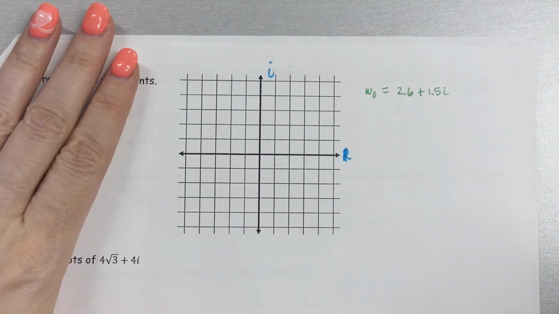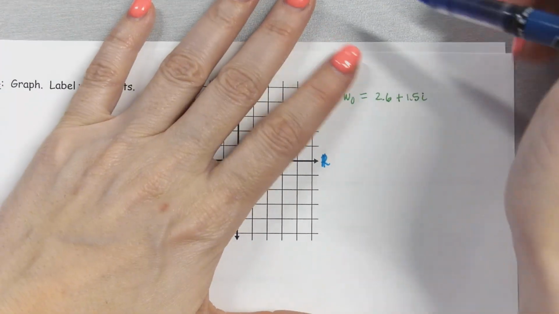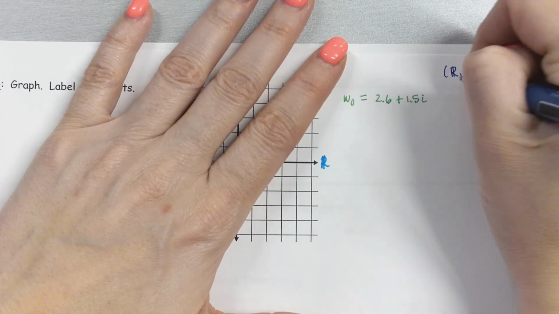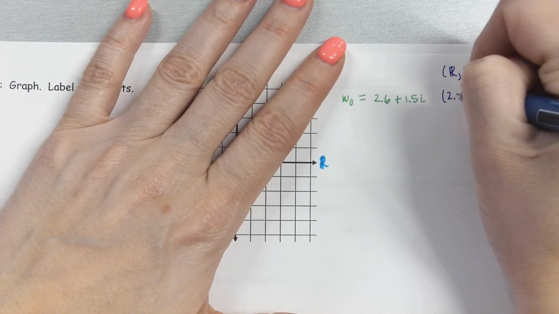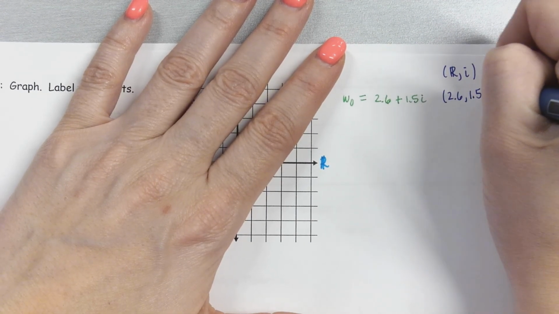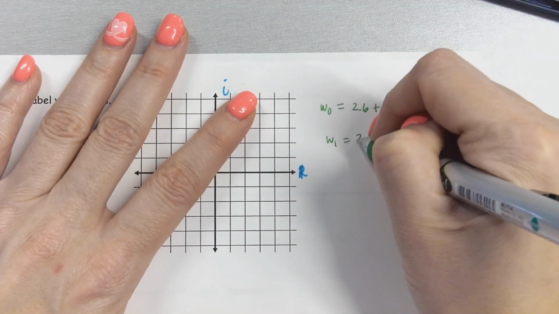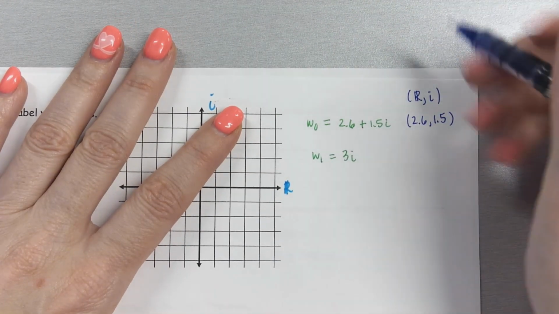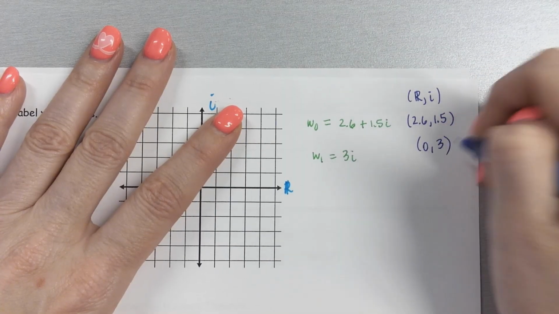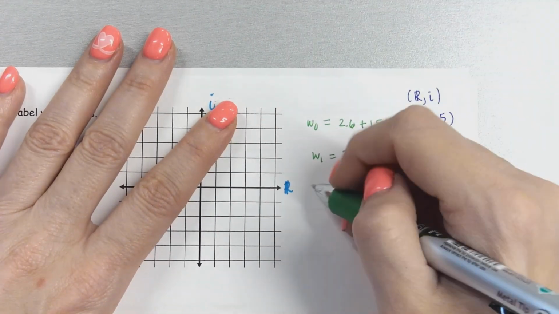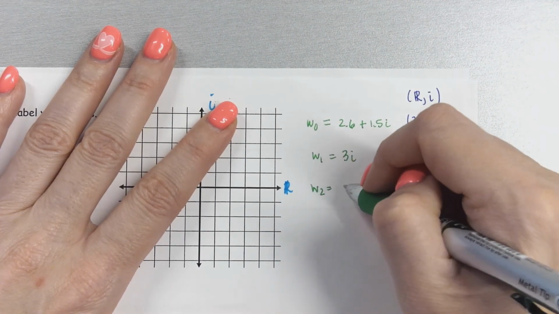So when you graph that point, you do the real number first and then the i. So you're going to graph 2.6, 1.5. Okay, W sub 1 is just 3i, so that would be 0, 3.